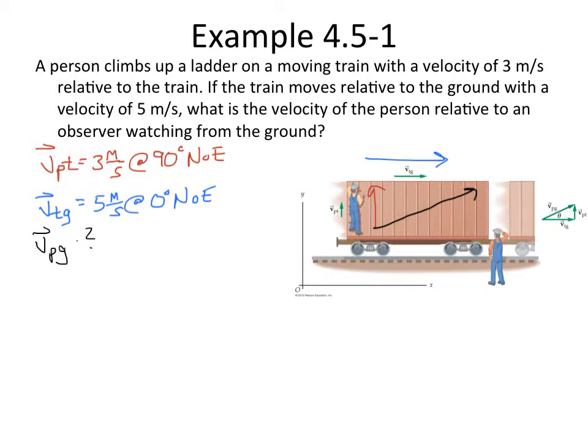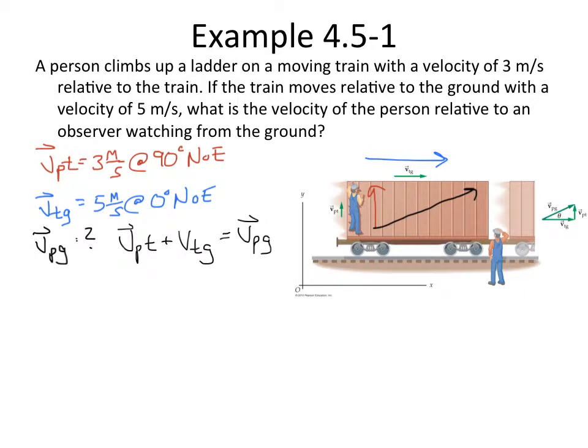So let's see first of all, do we have our vectors in the right order? Can we add these up together? Can we say velocity of object 1 to object 2 plus the velocity of object 2 to object 3 equals the velocity of object 1 with respect to object 3?